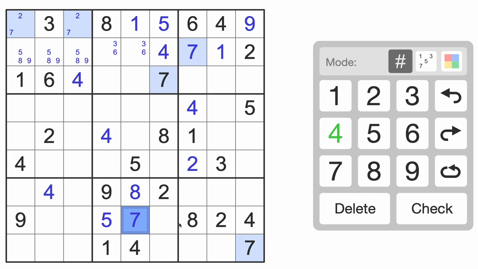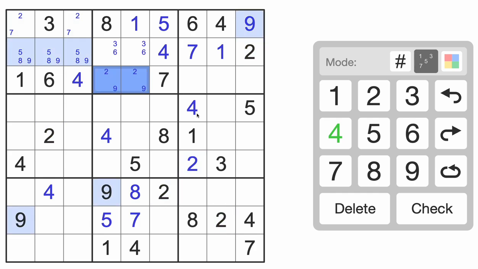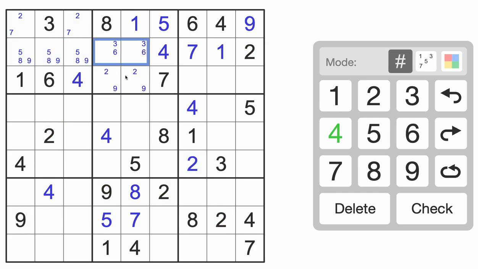Gives me 7 here. And also I can place 9 in box 2. These two will be 2 and 9, because of 3 6 double here, and 9 here blocks this cell.